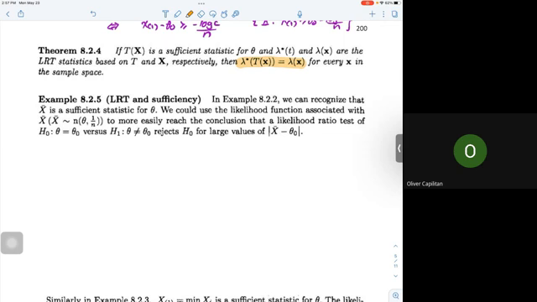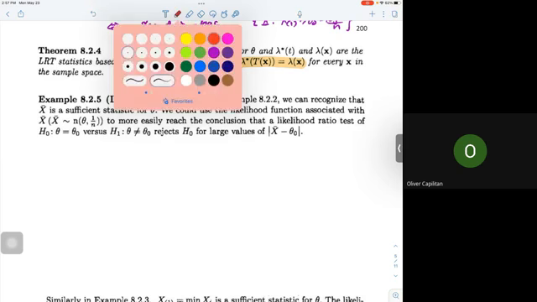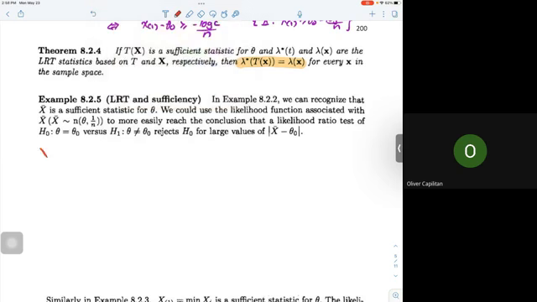Okay, so yung X bar natin, meron siya normally distributed with mean theta and variance 1 over n.